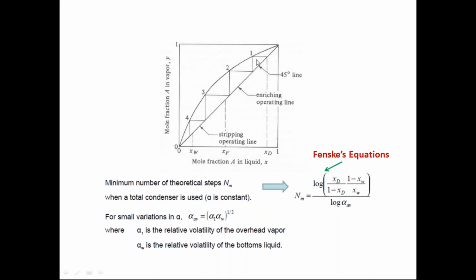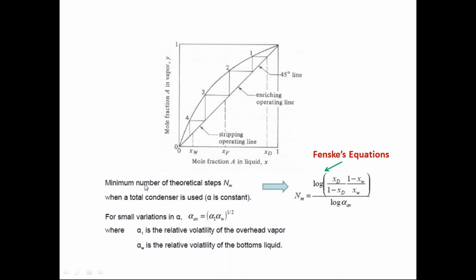For example, if you see that it is very close here, then the minimum number of plates itself is very high, so maybe continuous distillation may not be feasible for such type of systems. For such systems you have to go for an alternative method. So whether the distillation will work out or not can be known by doing a little calculation at total reflux conditions.